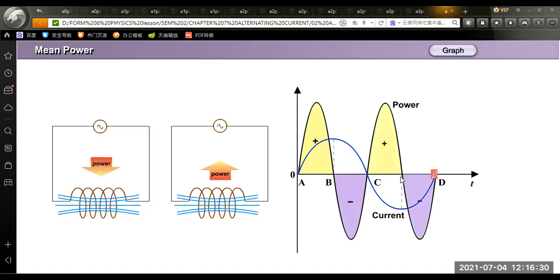Then here, the magnetic flux increases again. That means for the positive region, the magnetic field induced in the solenoid has its strength increasing.